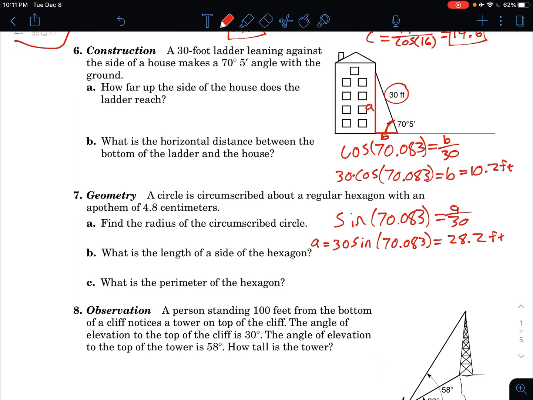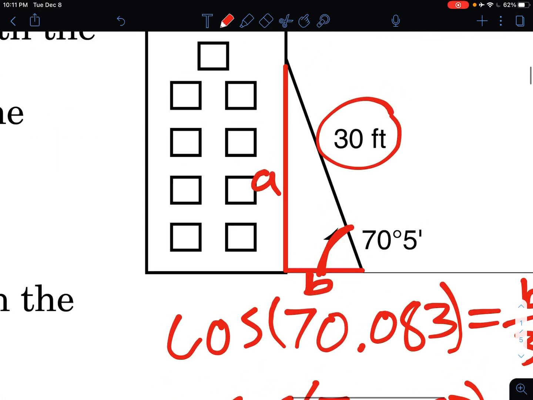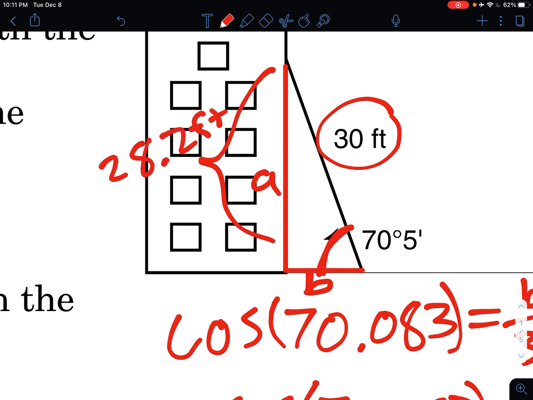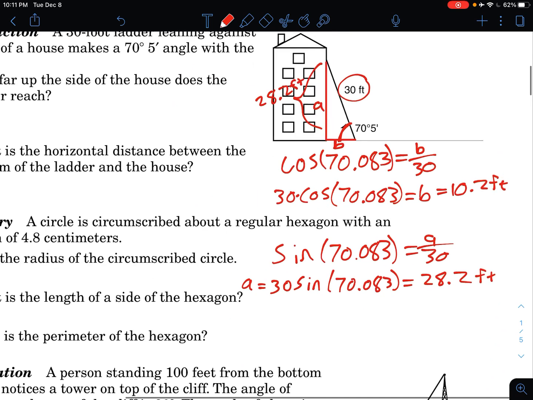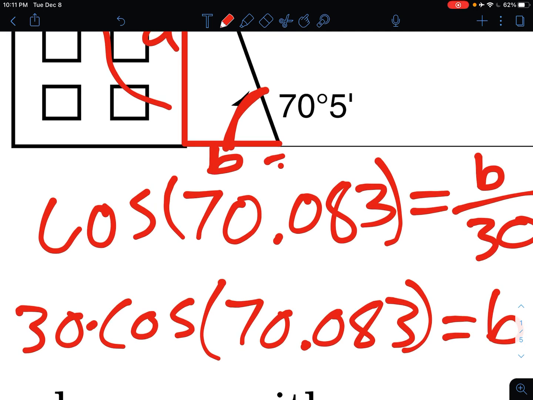So the distance we go up the building, that A there, is going to be that 28.2 feet. And B, the distance from the house to the bottom of the ladder horizontally is 10.2 feet.